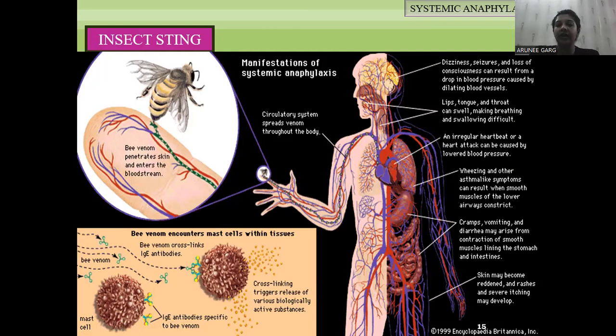Wheezing and other asthma-like symptoms can result when smooth muscle of the lower airway constricts. Cramps, vomiting, and diarrhea may arise from contraction of the smooth muscle lining the stomach and the intestine. Skin may become reddened, and rashes and severe itching may develop. So these are all the systemic symptoms.